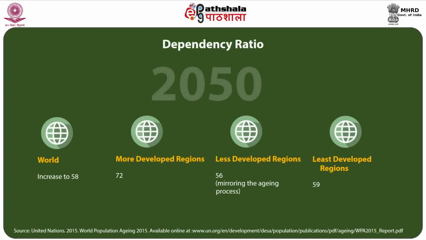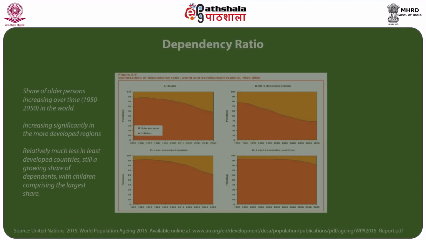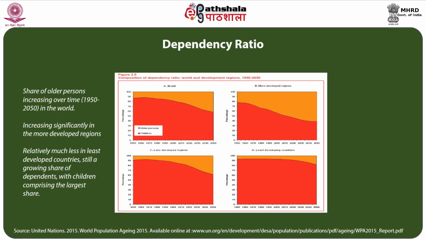The projection shows in the dependency ratio that by 2050, the world as a whole is going to increase to 58. In the case of more developed regions, it is 72, in less developed regions 56, and in the least developed countries, it's going to be 59, mirroring clearly the process of aging, how it is experienced.